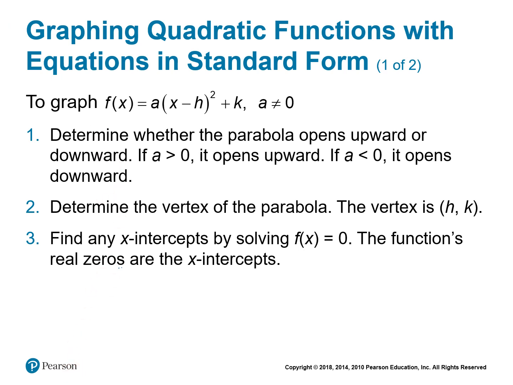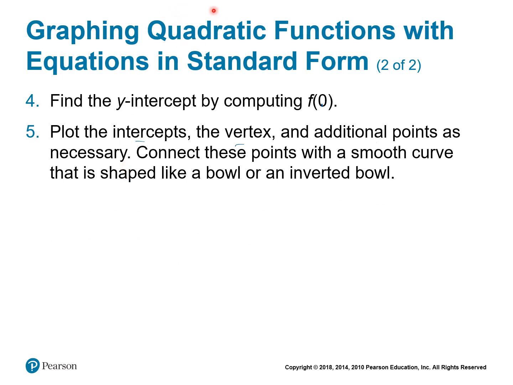To go on to the next few steps in the next slide, it says, in step 4, find the y-intercept by computing f of 0. Again, the y-intercept is the place where the graph crosses the y-axis, and any point on the y-axis will have an x value of 0. All right, so f of 0.